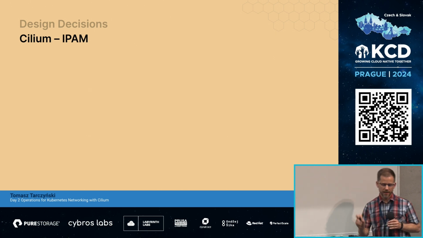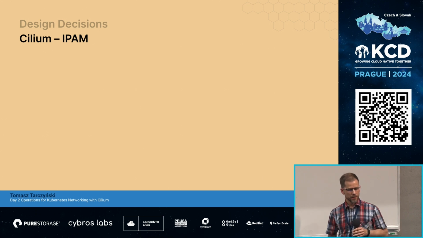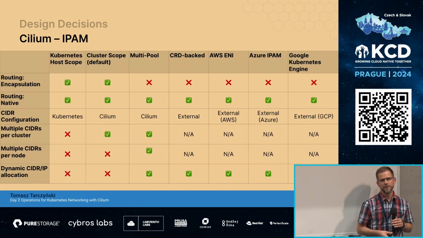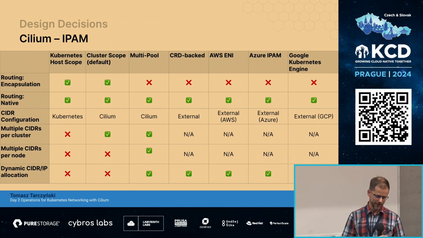And the second very important design decision is about IP address management. There are multiple different modes, different options for that. I will not go through them in detail, but that's something you definitely would need to plan for.